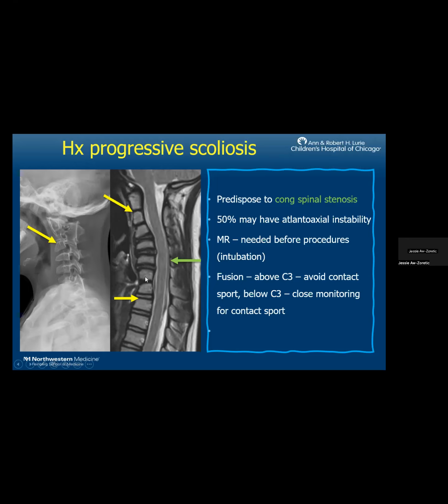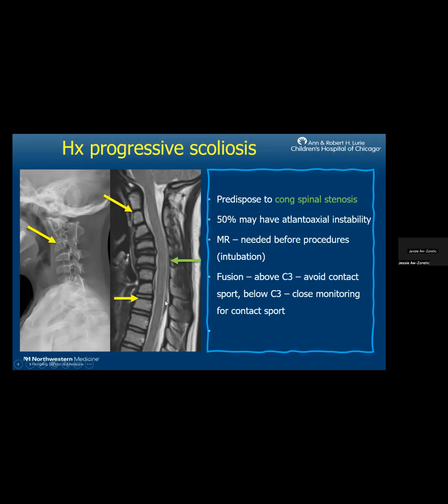These vertebral bodies obviously look abnormal in terms of their segmentation, and they are prone to degenerative changes, especially of the intervening disc spaces. And here, this is the reason why they are predisposed to congenital spinal stenosis.